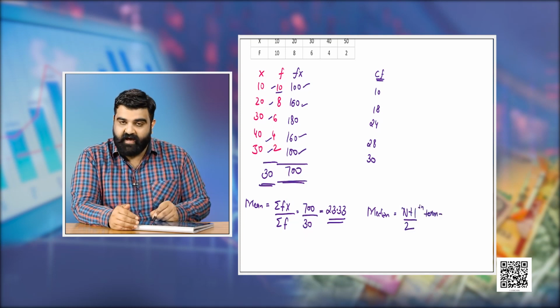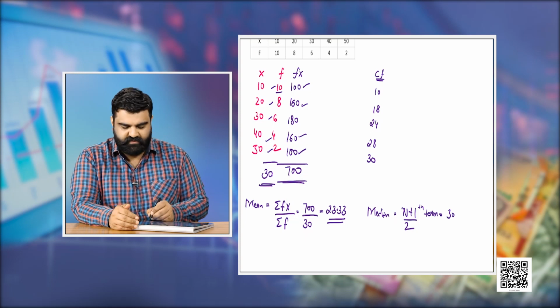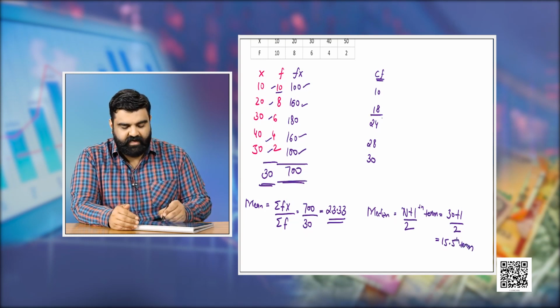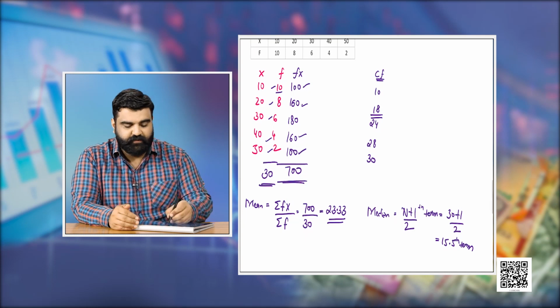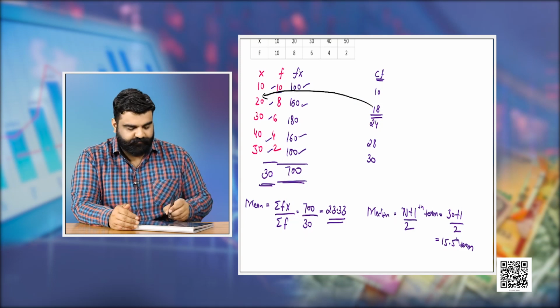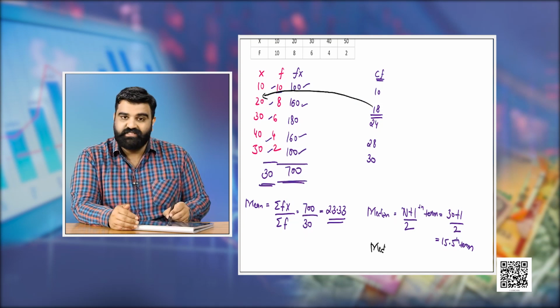Because we have 30 terms in this question, this will be (30 plus 1) by 2, that is 15.5th term. Now, this 15.5th term would lie in the cumulative frequency of 18, which is represented by 20. So, the median to this question will be 20.